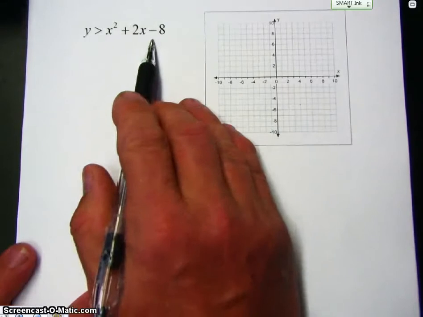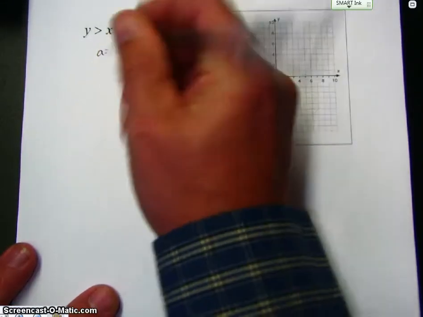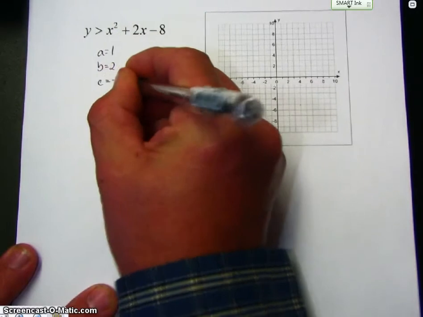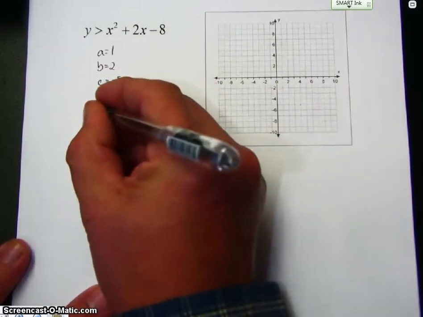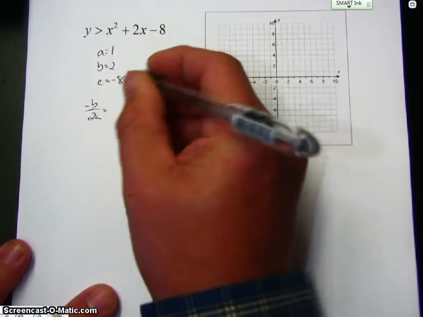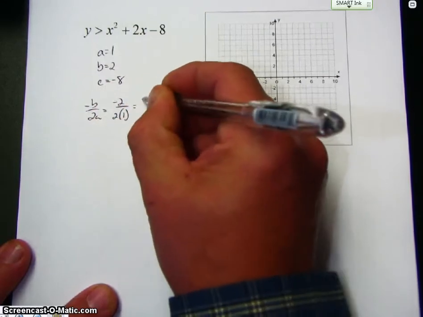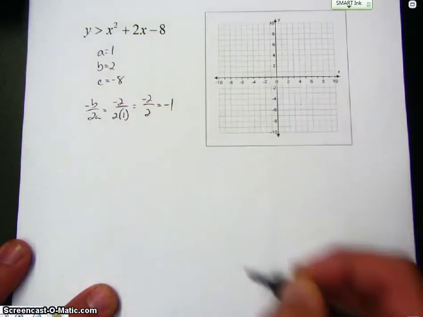Okay, standard form. So first thing we do is find the vertex. So A is 1, B is 2, C is negative 8. So we do negative B over 2A. So it becomes negative 2 over 2 times 1. So negative 2 over 2, which is negative 1.